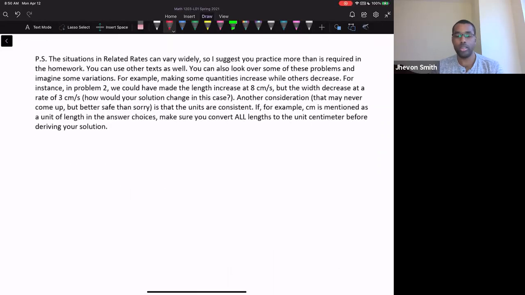I do suggest that you practice way more than is required. The thing with these word problems is it's just really practice in knowing what you should do at each step. The things you have to differentiate tend not to be as difficult as something that I would ask you to differentiate in a direct differentiation question.